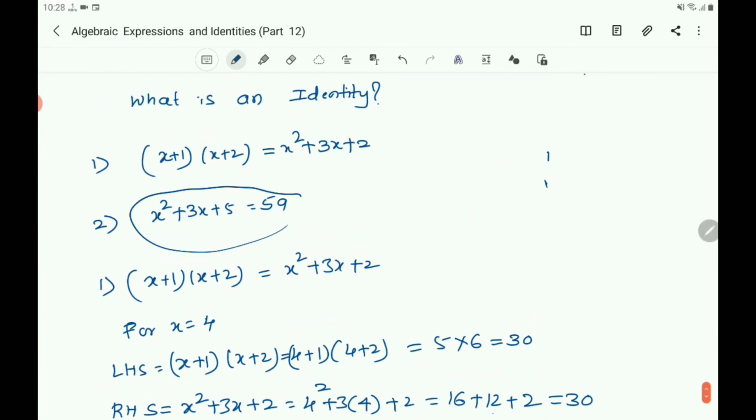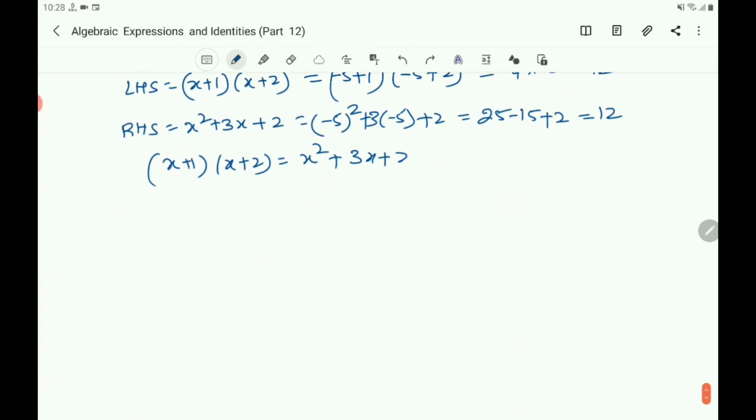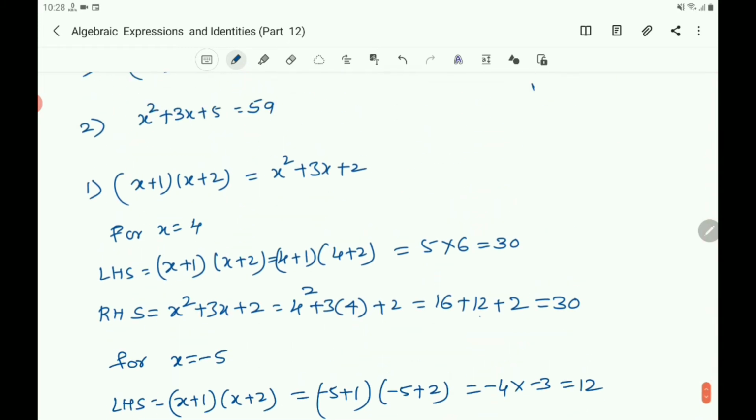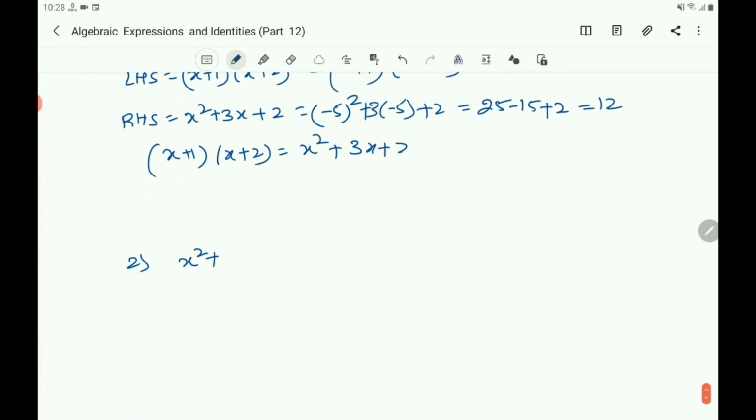Next you take the second one, x square plus 3x plus 5 equals 59. Here, take values for x and observe.